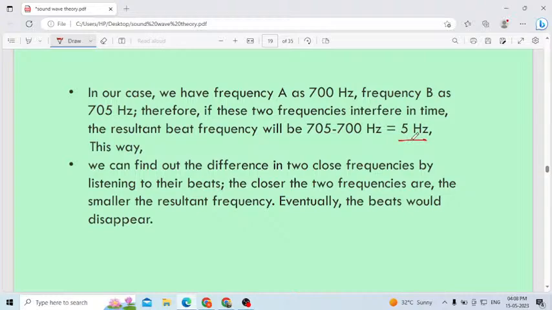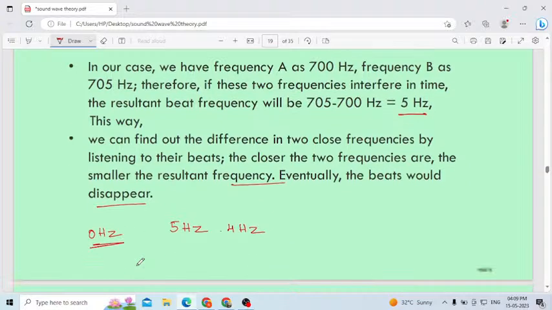We can find out the difference in two close frequencies by listening to their beats. The closer the two frequencies, the smaller the resultant beat frequency, and eventually the beats disappear. See here, some beats are very close, 5 hertz, 4 hertz. When the frequencies are very close to each other, you can't differentiate the beats. Sometimes you even get 0 hertz of beat.